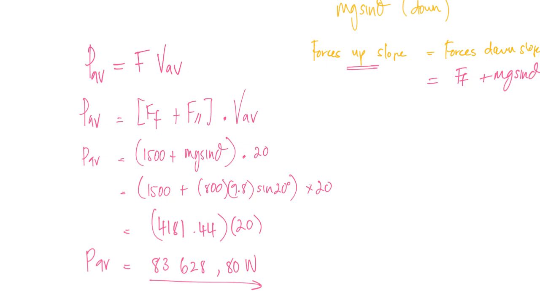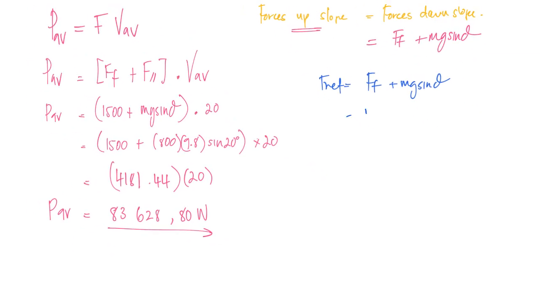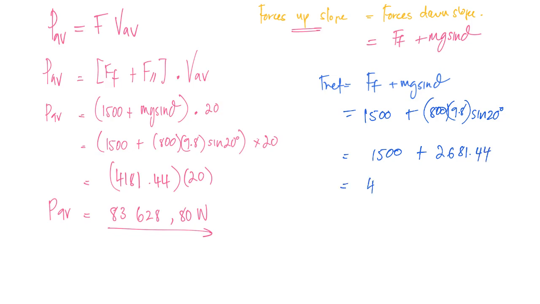So what you could have done also is work out F net first, which is force of friction plus mg sine theta. You would have gotten 1500 plus 800 times 9.8 sine 20, which is equal to 1,500 plus 2,681.44. And that would have given you 4,181.44 newtons. And that's F net.